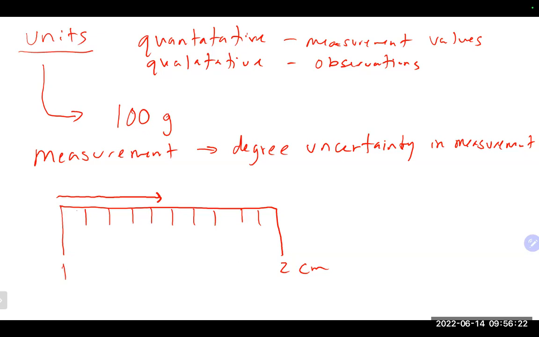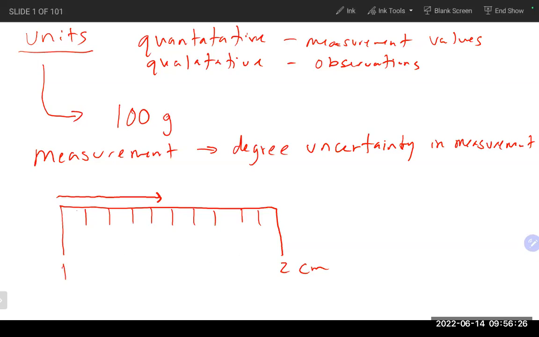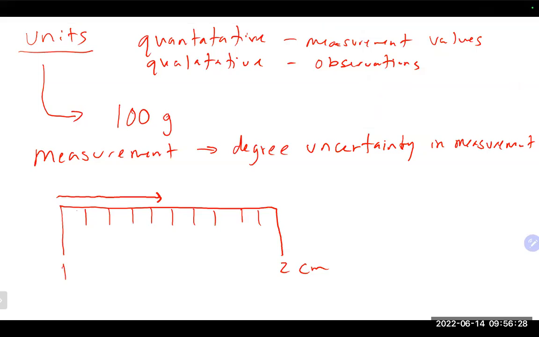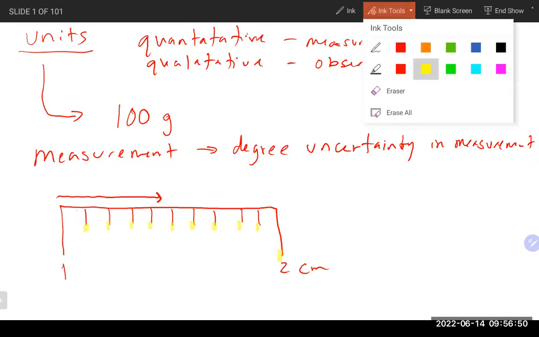So when we look at this scale, if we start here, that is 1, and we count the dashes between, starting with the dash after the major one. That would be 1, 2, 3, 4, 5, 6, 7, 8, 9, and 10. There are 10 markings in this case between 1 and 2 centimeters.